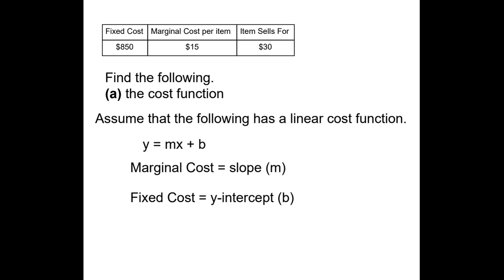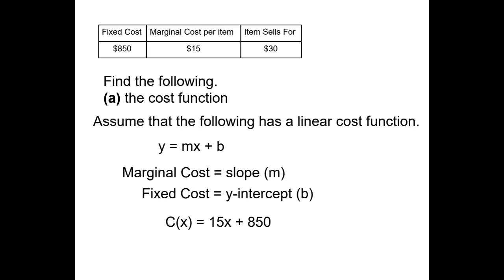So I can put all this together, and we like to give names to our functions. The name of this function, since they wanted me to come up with the cost function, we label it as a capital letter C of x. This is how we read this: C of x is equal to 15x plus 850. This would represent my cost function based on the information that I have here.